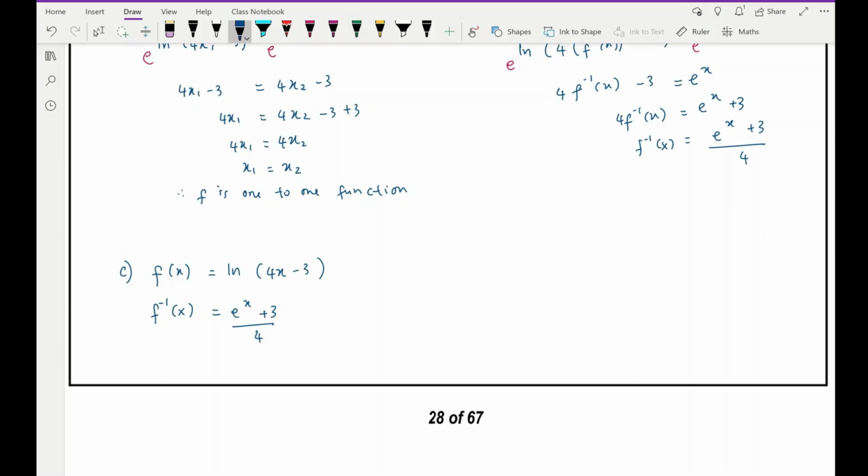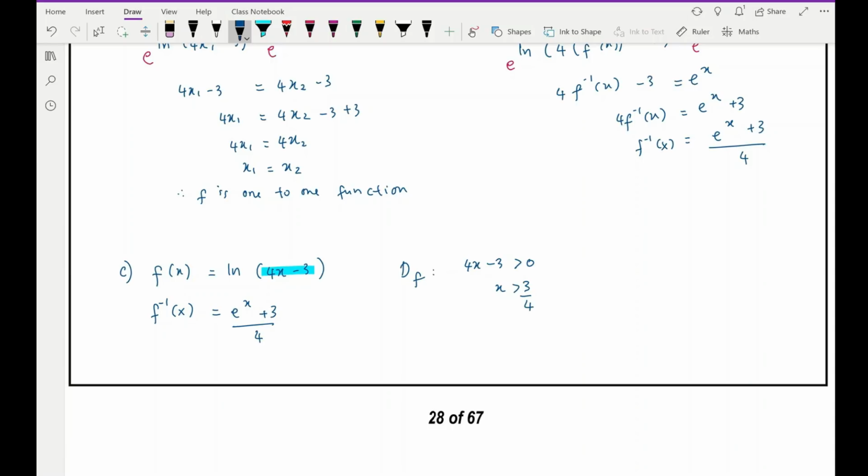From f x, we know that the function is ln. So for the domain of ln, we must take the value inside the ln and it must be greater than 0. So x must be greater than 3 over 4.